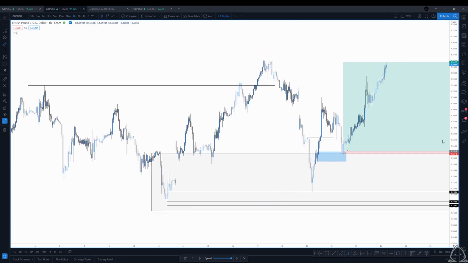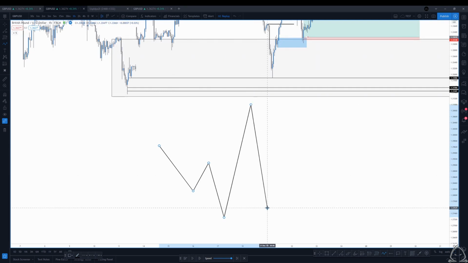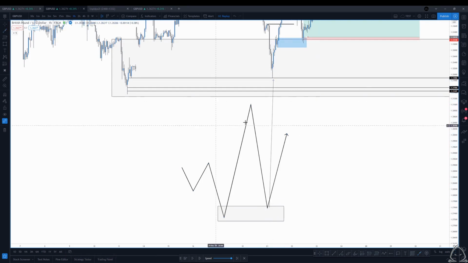So when we're looking at it from an entry perspective, it gives us a couple different ways of looking at it. We've seen on the higher time frame that we formed a point of interest. We broke structure to the upside. We tapped into that order block and we started to push away from it. And if I just put this on here, this point right here is this spot right here.